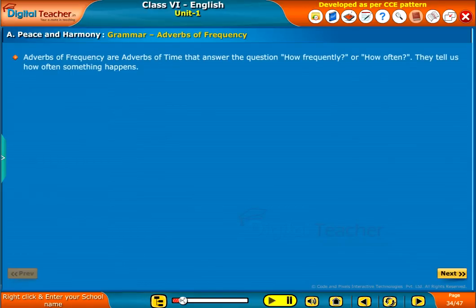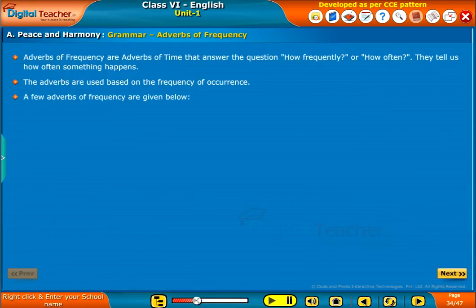Adverbs of frequency or adverbs of time answer the question, how frequently or how often. They tell us how often something happens. The adverbs are used based on the frequency of occurrence. A few adverbs of frequency are given below.